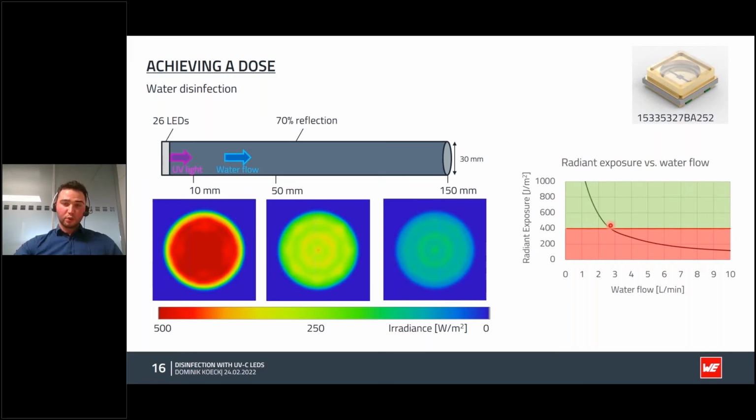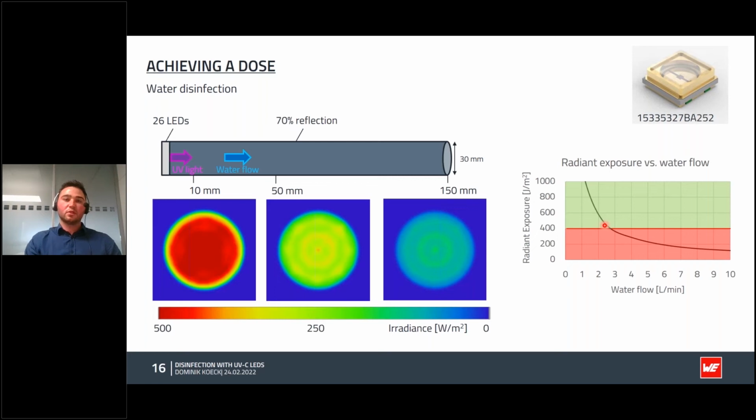To put this into perspective, typical water faucets can have higher values, something like 10 liters per minute or even 20 liters per minute. So this already shows you that the amount of water that can be disinfected by UVC LEDs is still low.